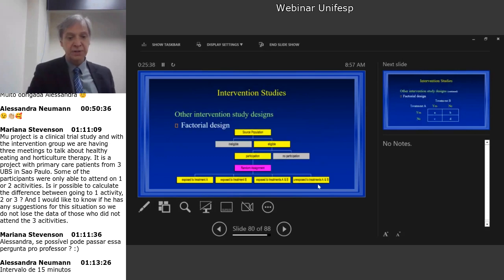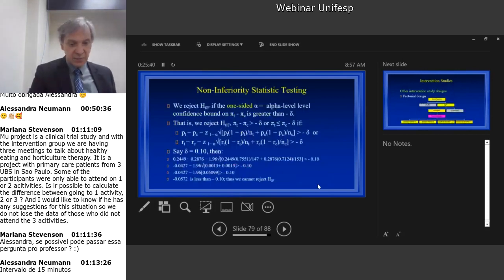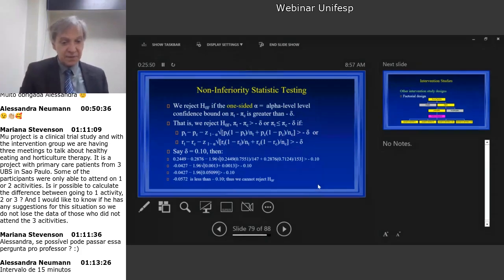I'm going to go quickly here, see what the value is. We test whether the one-sided alpha level is greater than this value, and what is this value that I set up? It is 0.10. So the test statistic gave me a p-value. Is 0.10 greater?